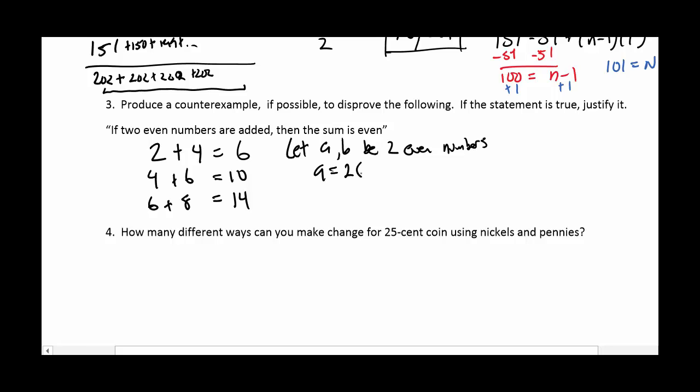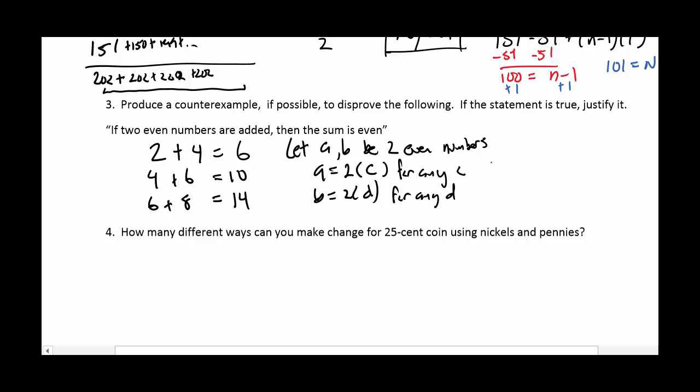A is going to look like 2 times some number, and B is going to look like 2 times some other number, and this is for any C and for any D. Okay, relax. Just calm down. I know some of you are freaking out, like, where are you pulling this from? In general, if I say something is even, that means 2 goes into it. It means I can multiply 2 times something to generate that number.